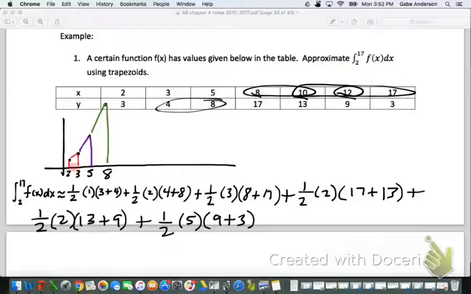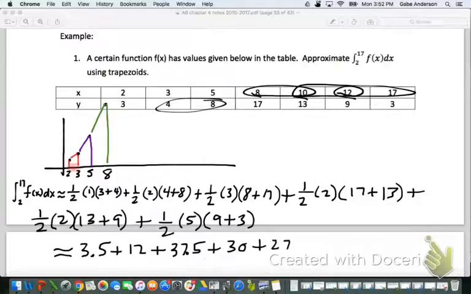Okay, at this point I've got all my trapezoids, and I just need to work on multiplying and adding. So let's see here. It ends up being 3.5 plus 12 plus, see here, that's 75, so 37.5 plus 30 plus 22 plus 30.